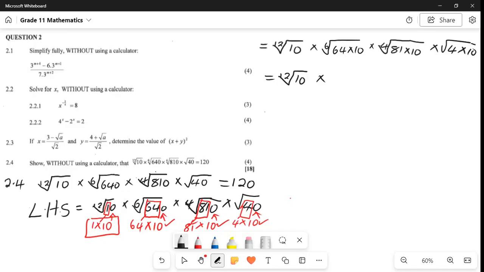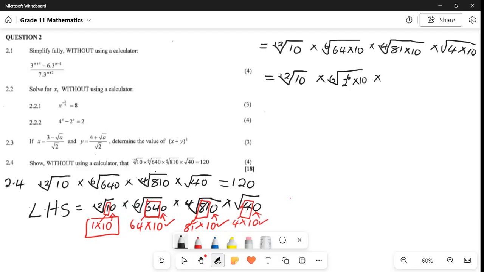Now let us check the 6th root of 64. If we write 64 in exponential form, it would be 2 to the power 6, times 10.